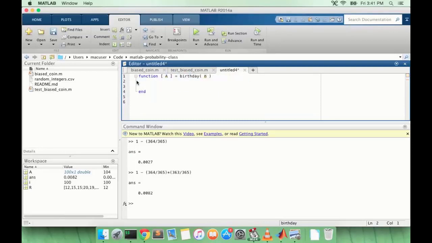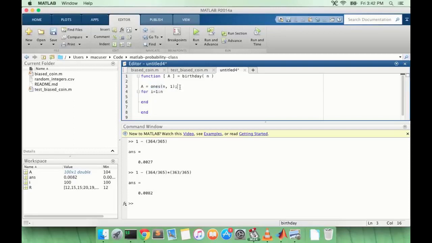So my birthday function is going to return all the probabilities up to the value n. I'm going to initialize a to be an array of zeros, and I'm going to count up to n and fill in the values of a.